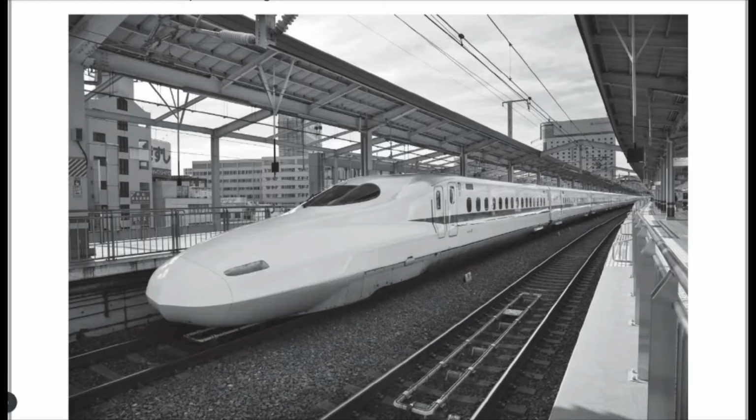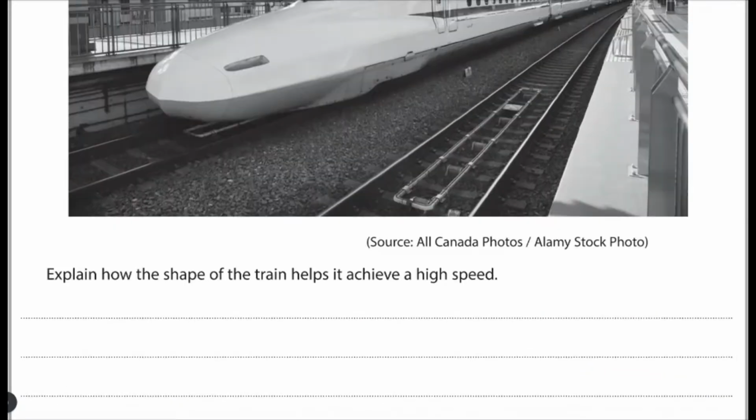These types of shapes we know as streamline shapes. We have discussed fish and birds. These animals naturally have that shape. That's a streamline shape that is there to reduce the air resistance. So we will note down that.